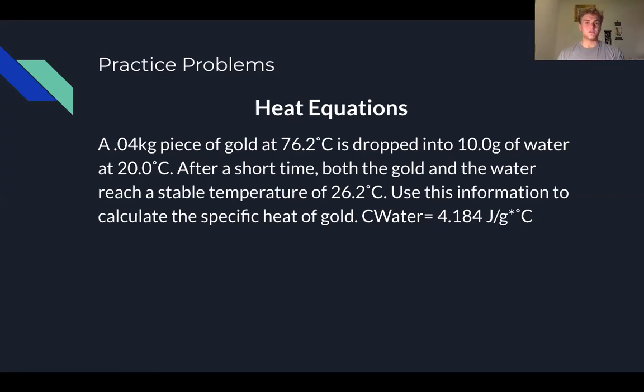Okay, we're going to do this equation. So I like to set it up the same way as last time. So I'm looking for what's happening. So looking for temperature changes, looking for if they give me the mass, looking for if they give me the heat capacity of a certain object. So we'll just start with gold. So on my paper or on my whiteboard, whatever you're using, I like to write gold on the left side because I see that there's going to be 2 things that we're going to be dealing with.